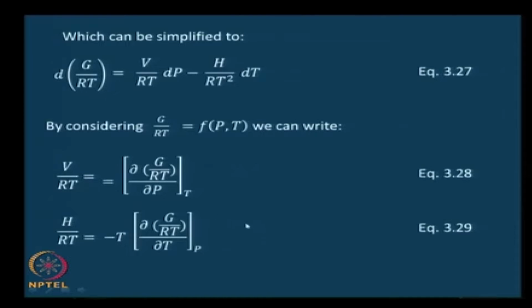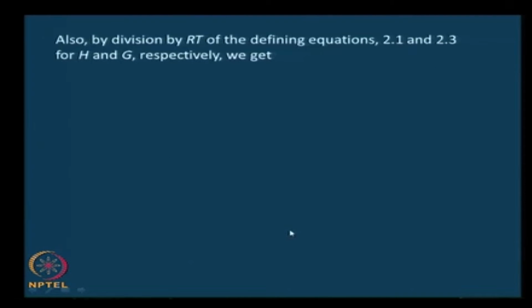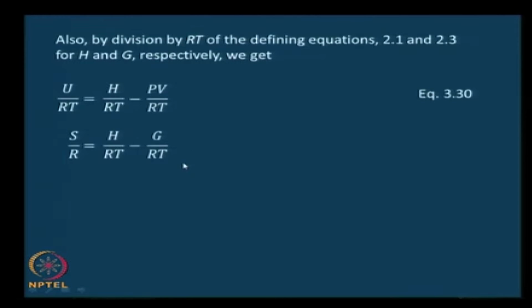H, V is an additional thing here, and we also found that from the original definitions we could write U in terms of H and PV, which in turn were written in terms of G by RT earlier, and S by R could be written in terms of H by RT and G by RT.